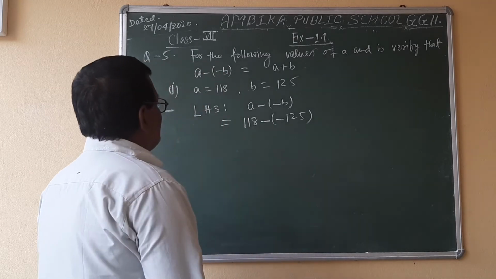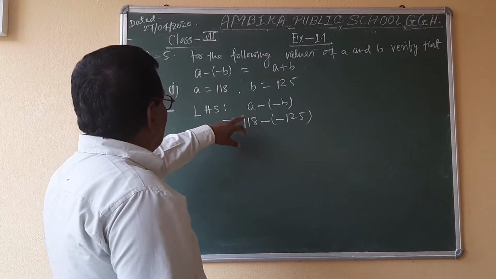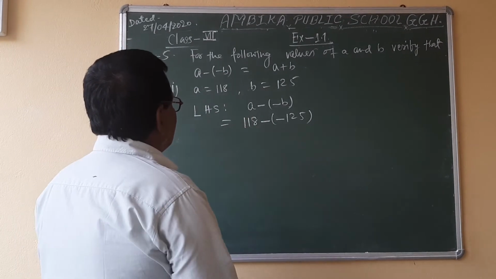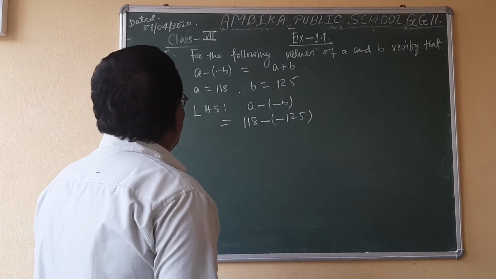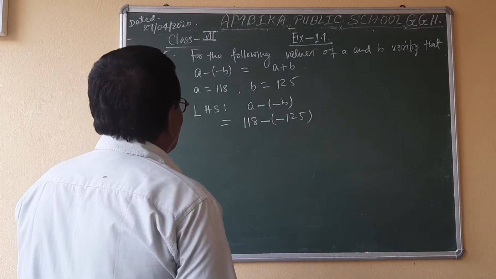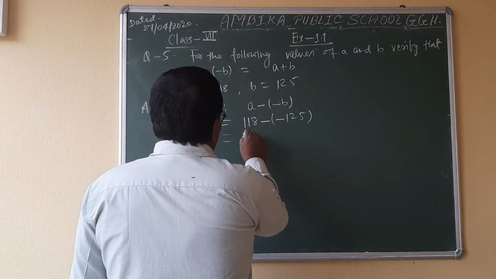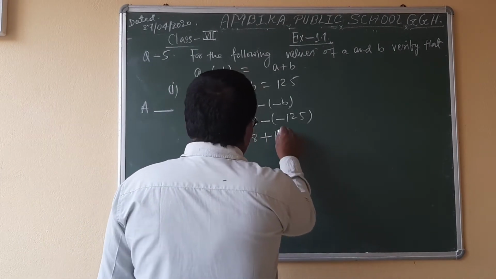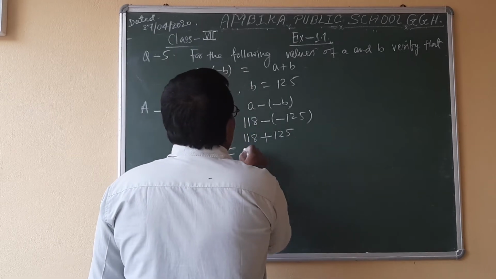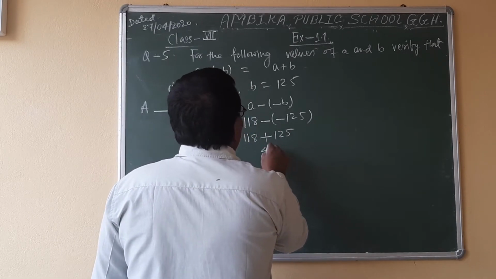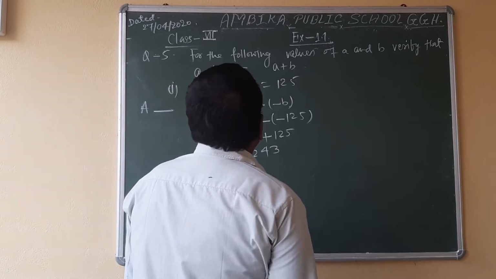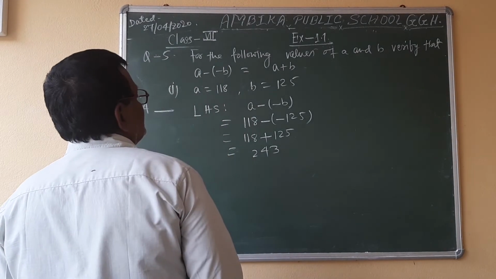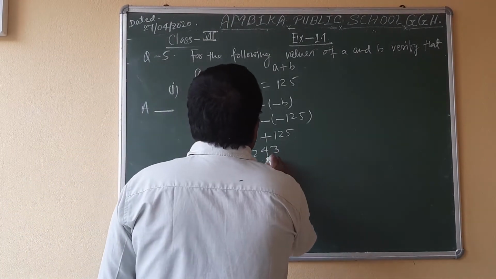On putting the values of A and B, 118 minus (minus 125) is equal to 118 plus 125, and we get 243.